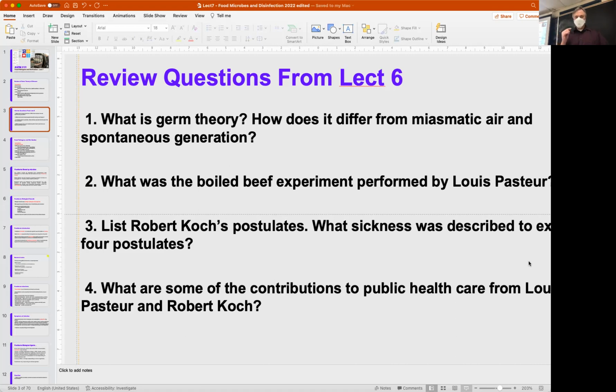Remember, this had to do with 3 vessels, 1 vessel being opened, 1 vessel being sealed, and 1 vessel with a swan-shaped neck. Cass says, was that bad air? Miasmatic air. Yes, Cass, that's correct.